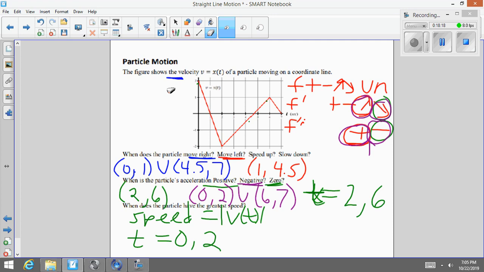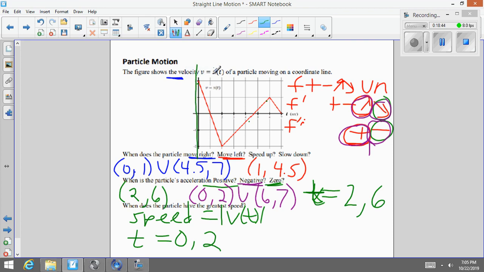To know the sign of velocity, we would just look at whether this graph is above the x-axis or below the x-axis. But to know the sign of acceleration, we would be looking at where this graph is increasing or decreasing. So for instance, let me just pick some intervals here.